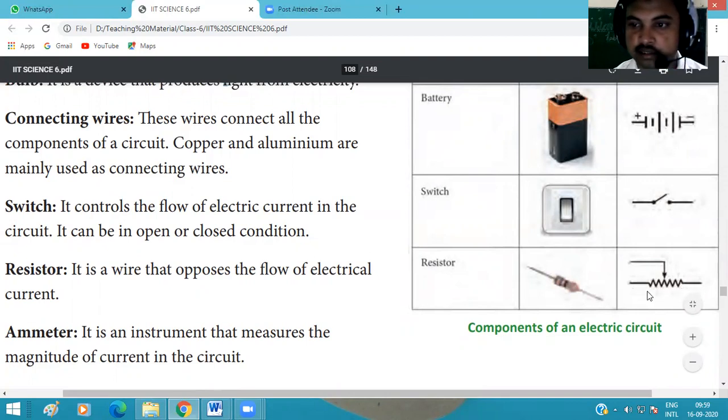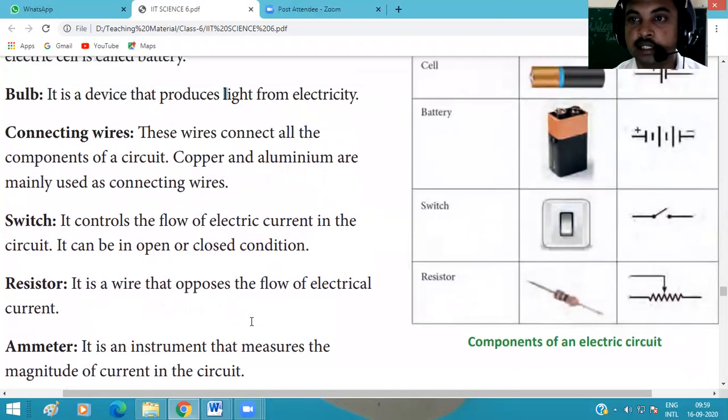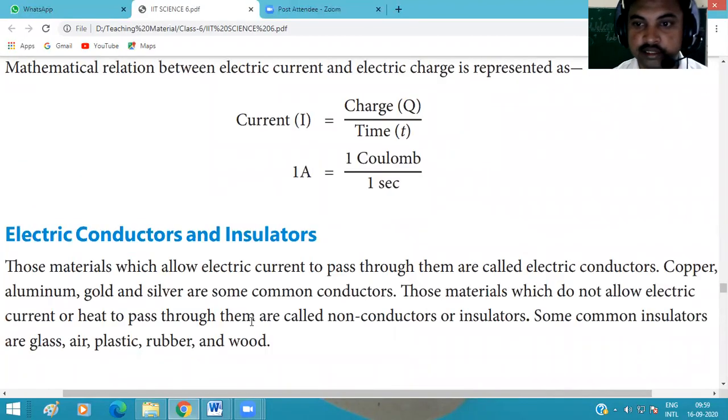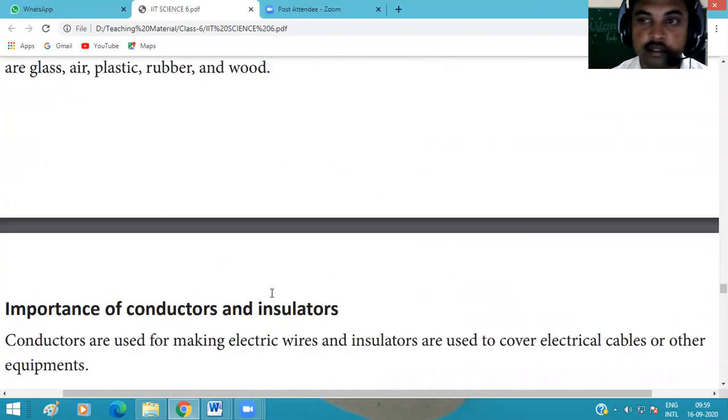It is the symbol of a resistor. And an ammeter is used to measure the electric current, how much current flows. In the last video we already discussed that the SI unit of electric current is ampere. So the ammeter is used to measure the amperes. It means how much current flows is measured by the ammeter.